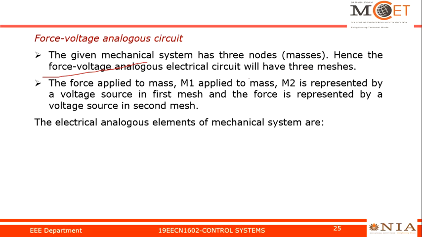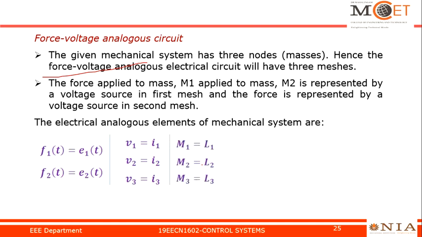So F1 becomes E1, F2 becomes E2, and velocity becomes current. Force is voltage, so it is force voltage, and velocity is current. So V1, V2, V3 become I1, I2, I3 in the electrical analogy.